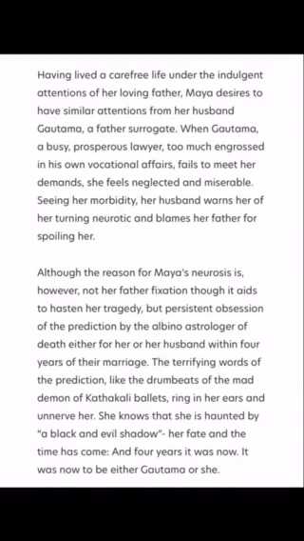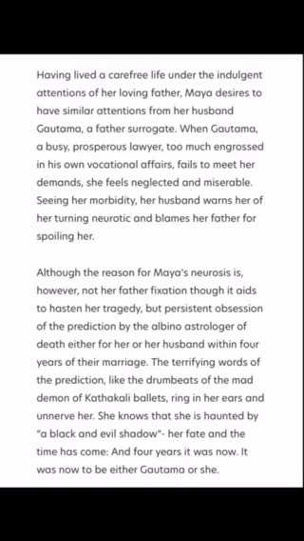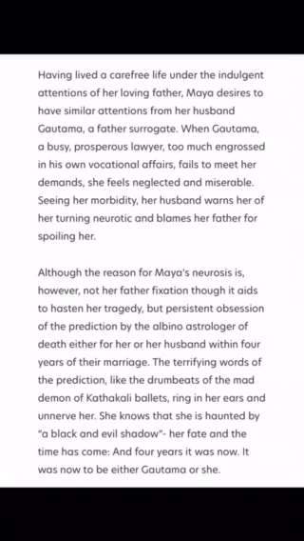So the terrifying words of the prediction, like the drumbeats of the mad demon of Kathakali ballads, ring. Because she is all alone in the house, she is left all alone, and she has no one to care or to talk to.